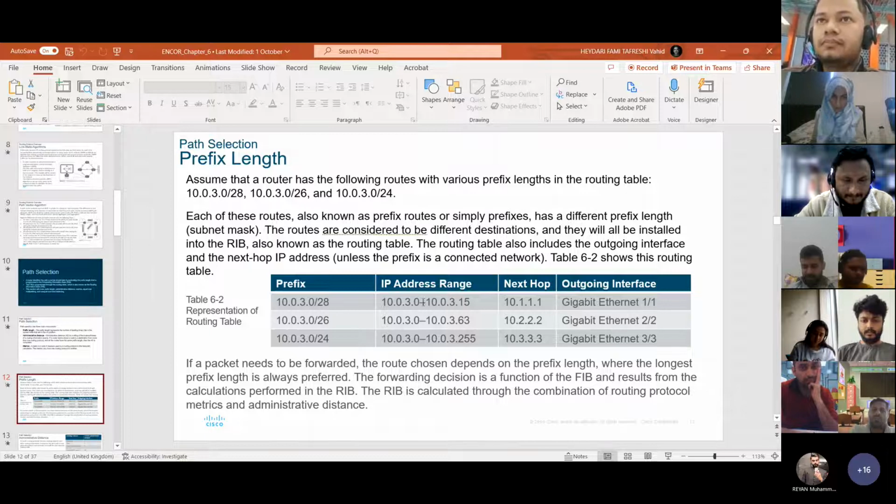These are CCNA1 concepts. If you don't know how you can get this range out of this prefix, that simply means that you need to watch those videos I've shared with you as soon as possible.